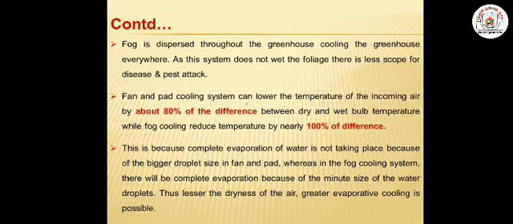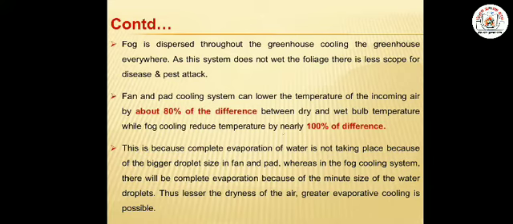The fan and pad cooling system lowers the temperature of incoming air by about 80% of the difference between dry bulb and wet bulb temperature. And the fog cooling system reduces the temperature to nearly 100% of that dry and wet bulb temperature difference. So the fog cooling system, one of the active cooling systems, works more efficiently than any other system.